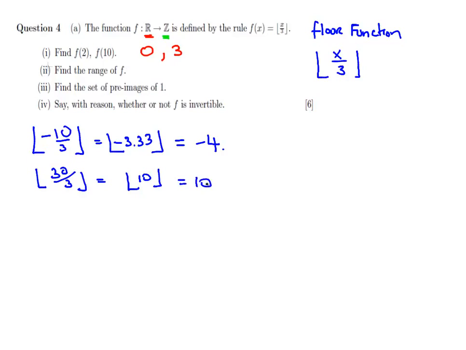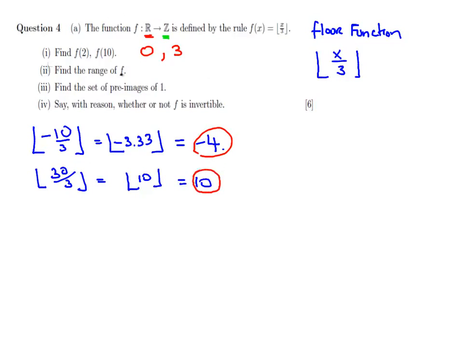Essentially, there's no lower limit and there's no upper limit, so there's no definite boundary. Once you do a few of these, you realize that any integer value can be the output of this function.